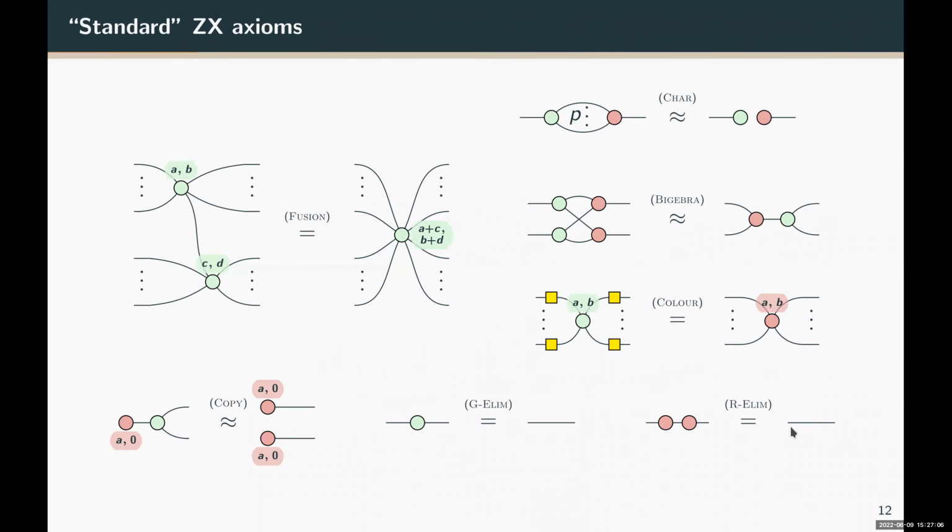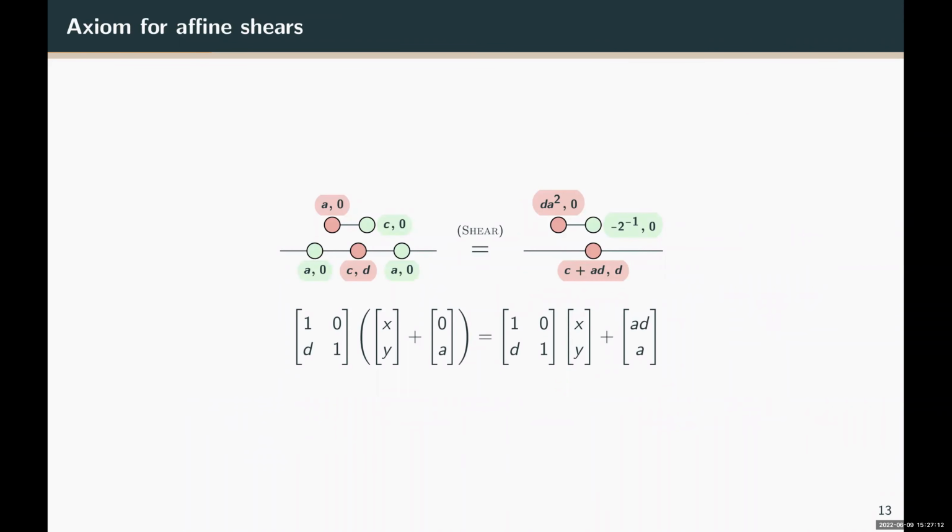So this is sort of the usual axioms for the ZX. And then we have a series of axioms which are used to axiomatize essentially the unitary group, or the Clifford group. And so this equation, which I call shear, essentially encodes two equations for the sake of minimizing the number of equations that we use.